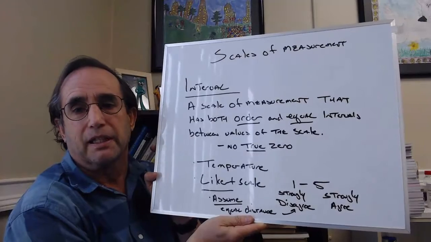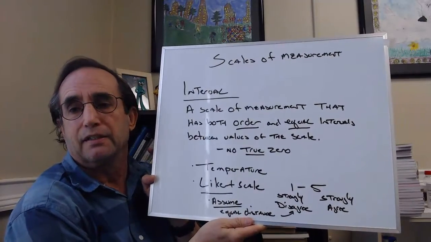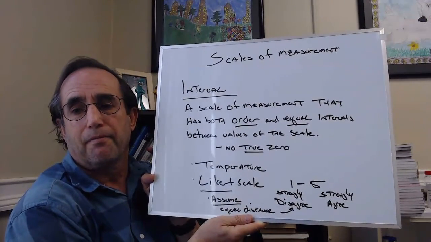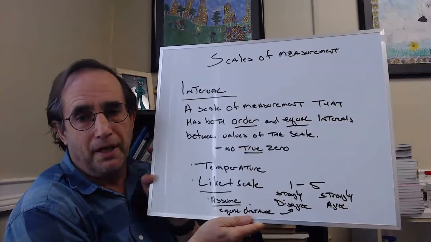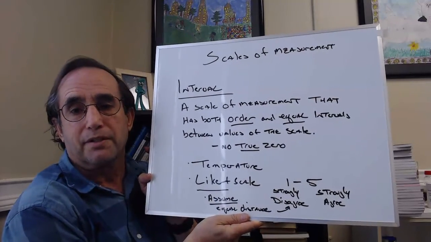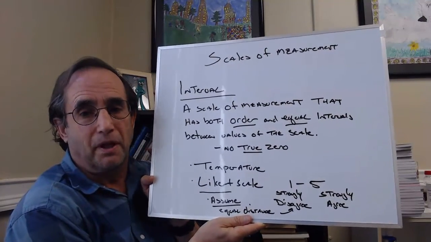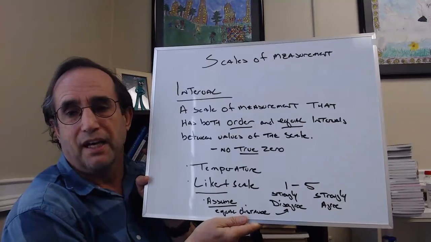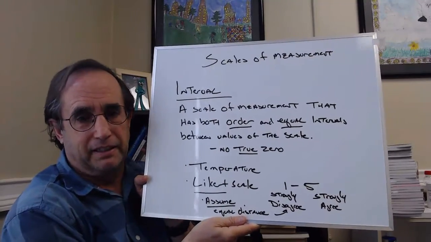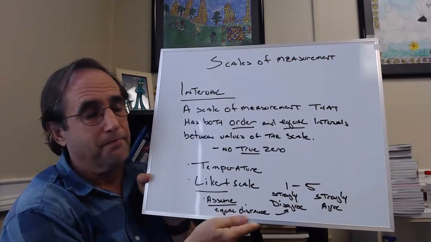So each degree is equivalent, and there's an order to that, with it getting warmer as you go up in temperature and colder as you go down. But there's no true zero. 0 degrees is not the absence of temperature. It's just very cold.